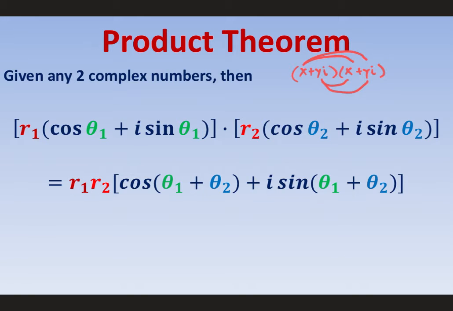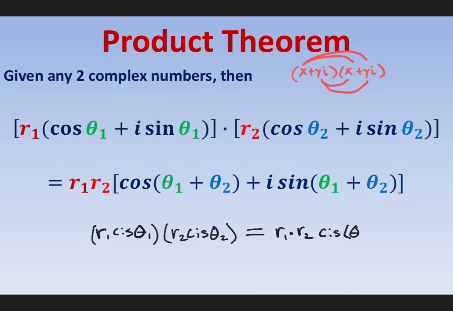The other way you could write this is r1 CIS theta 1 times r2 CIS theta 2, and when I multiply these together, it's going to equal r1 times r2 CIS, and then in parentheses, theta 1 plus theta 2. That's probably the most simplified way you're going to be able to write that. You multiply the coefficients, the r's, and you add the thetas, the angles. And that's all there is to it.